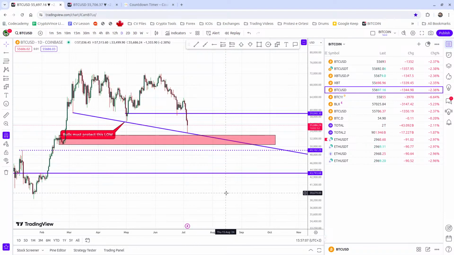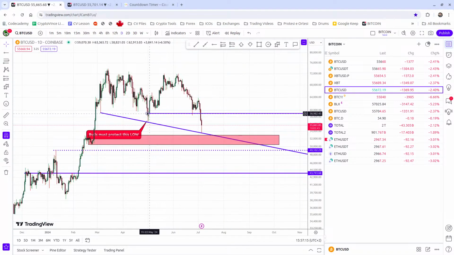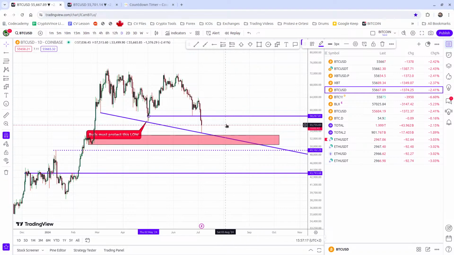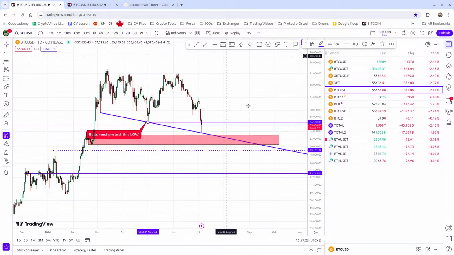Well, that's enough on Bitcoin. I mean, what else can we see here? We need to really... I mean, that broke down. That's the level to watch now. It's so hard, man. After the break, the fact that it closed below this level, and it didn't matter that they closed above the wick, it just went down.